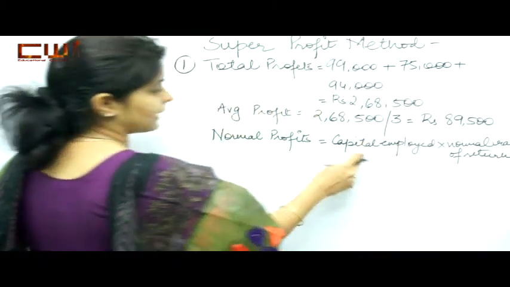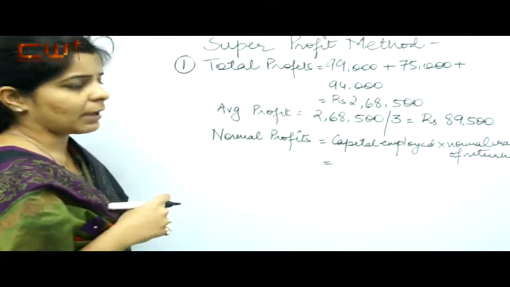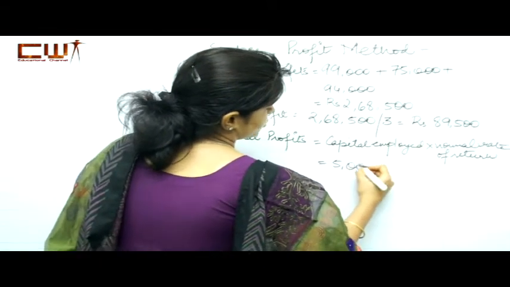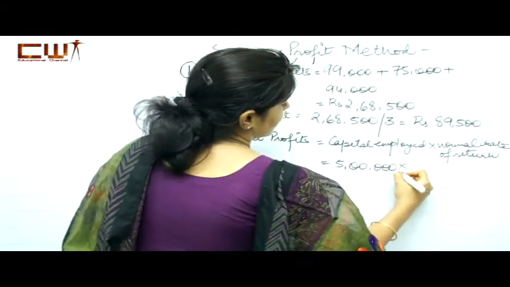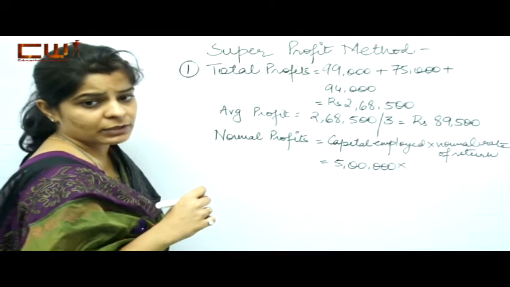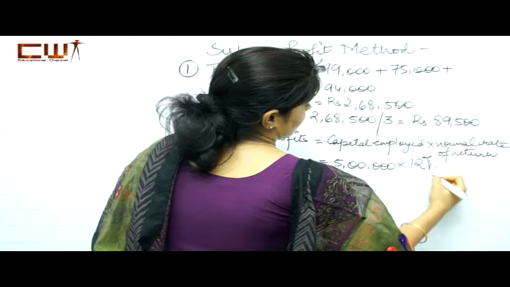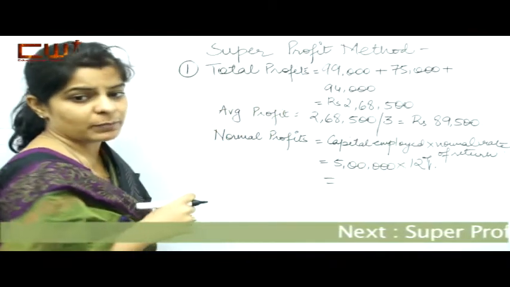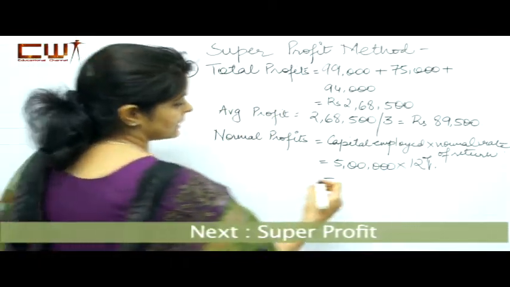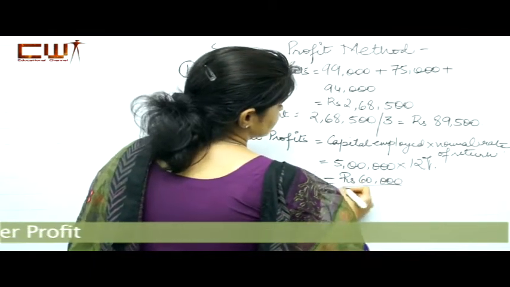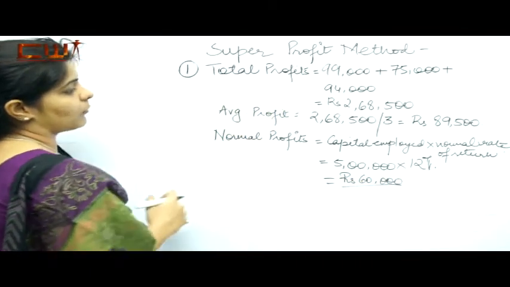What is the capital employed given in the question? Capital employed given in the question is rupees 5 lakh. So we write capital employed 5 lakh. What is the normal rate of return they have given in the question? 12%. So 5 lakh into 12% will give you 60,000. So you have got the normal profits also.